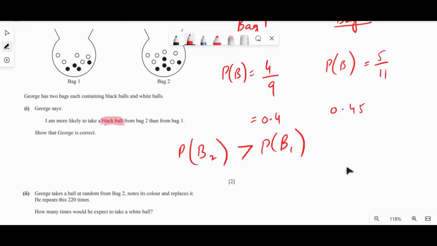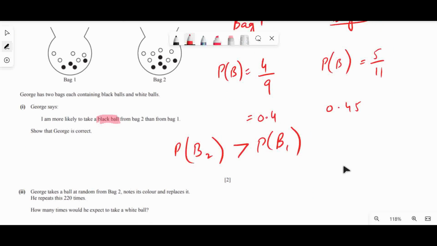Now in the next part they said that George takes a ball at random from bag 2, notes its color and replaces it. He repeats the experience 220 times. How many times would he expect to take a white ball? The important thing here is that this is an independent event.